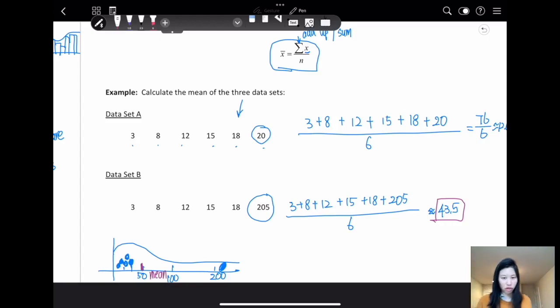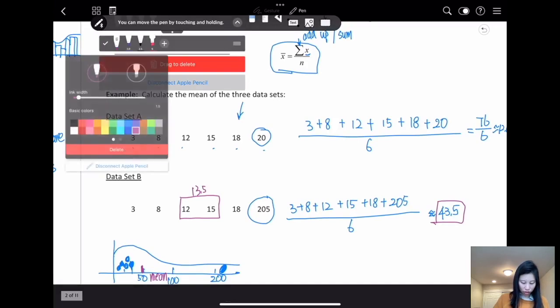Remember, mean is average. So what will the median be? Again, it's going to be the average of these two data, which is 13.3. So the median is here. I'm going to use a different color pen. Let's use green.